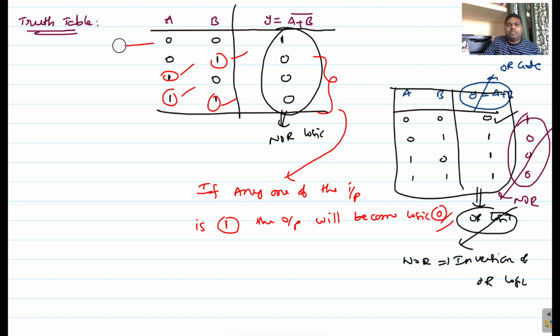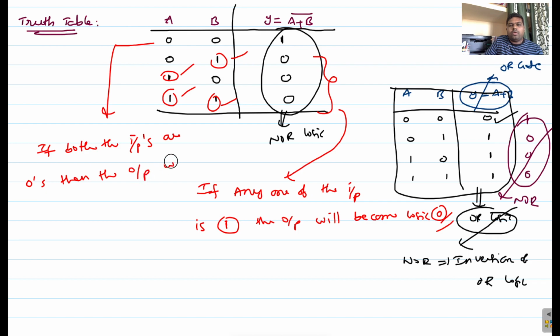So what about the first observation? How do we conclude the first observation? If both the inputs are zeros, then the output will become high, or logic 1.